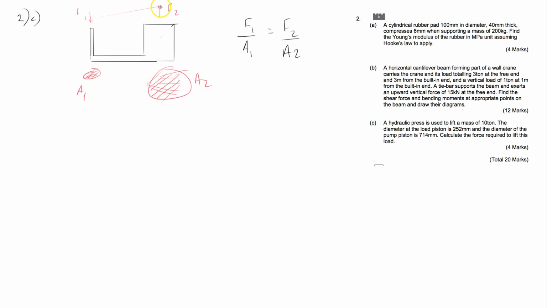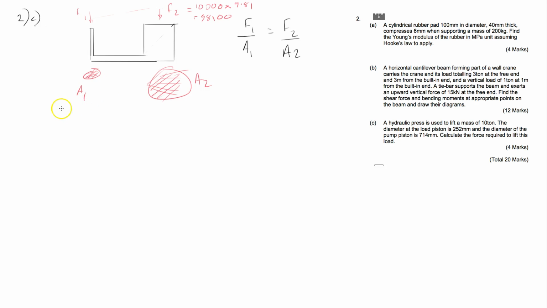Just realised I put the arrowhead on the wrong way around here. Well, so mass of 10 ton, so that'll be 10,000 kilograms times 9.81, which is going to be 98,100.